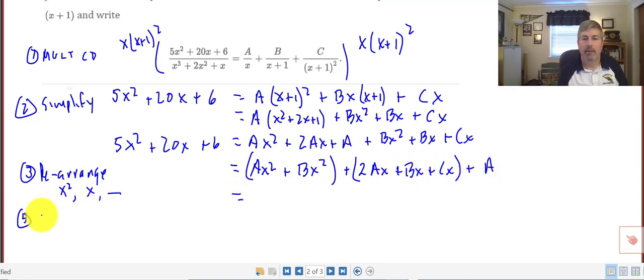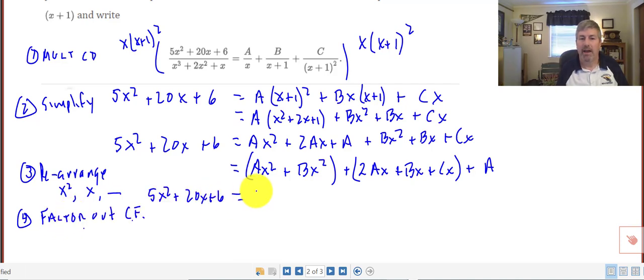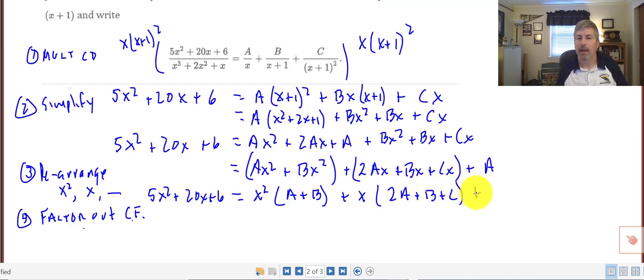My next step is I will factor out the common factor. So I factor out x squared, and I'm left with x squared times (a plus b). In the middle, I factor out an x, and I have x times (2a plus b plus c), and then I have plus a.